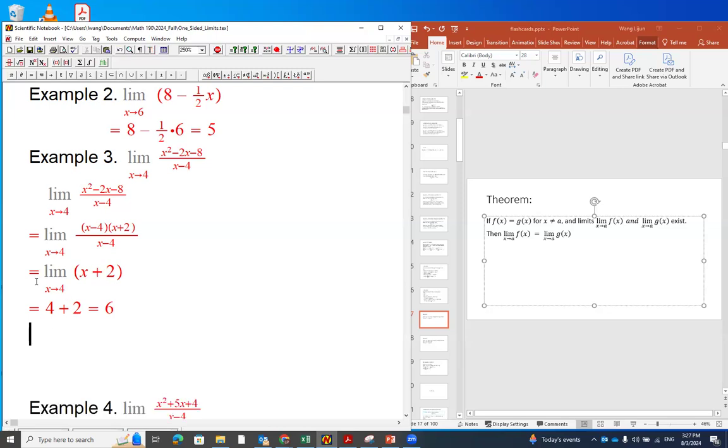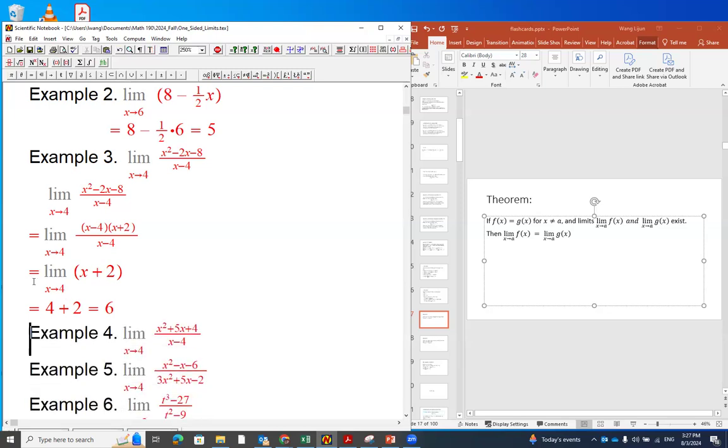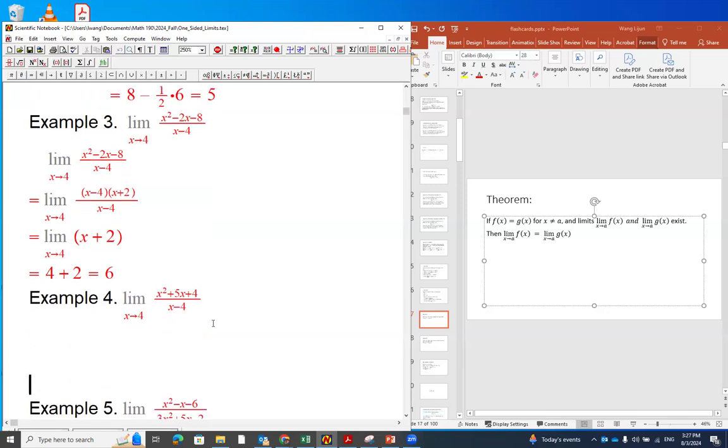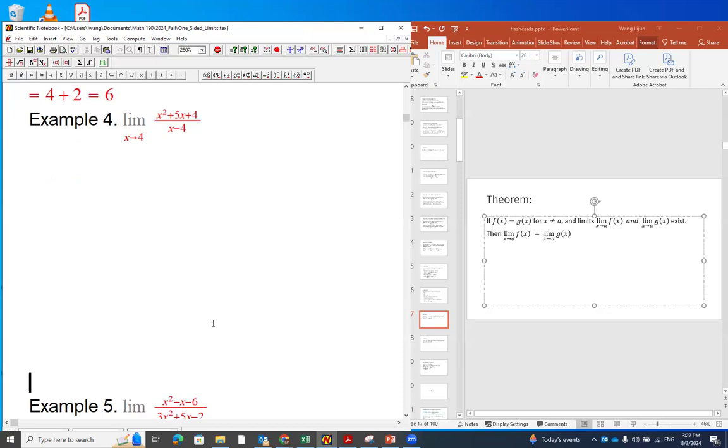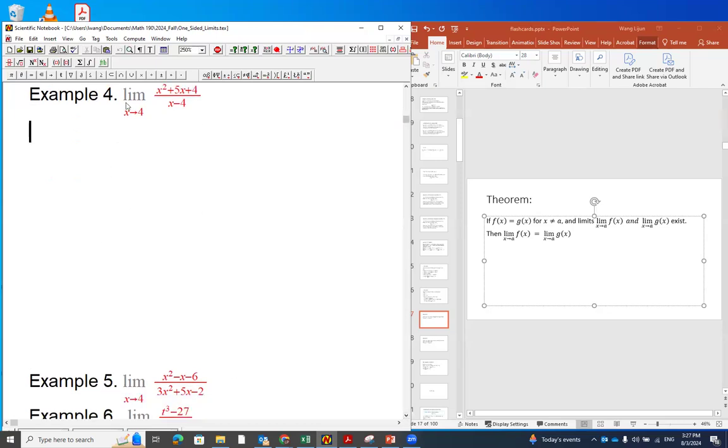All right. So let's look at number 5. No, number 4. Number 4, we cannot do any reducing.